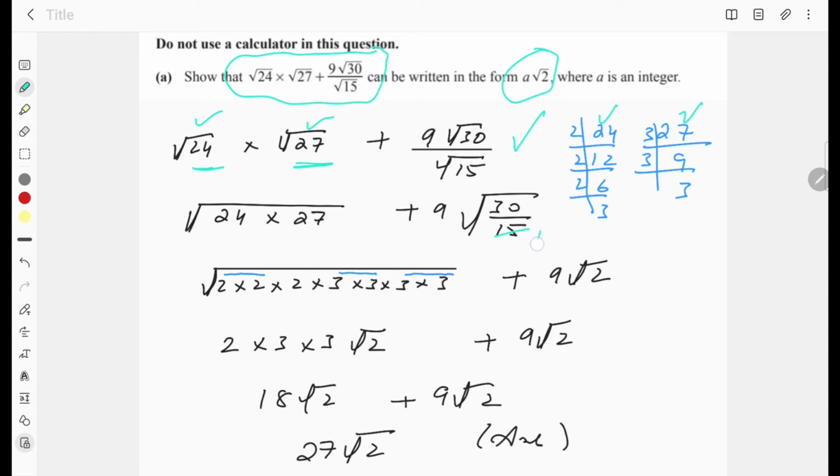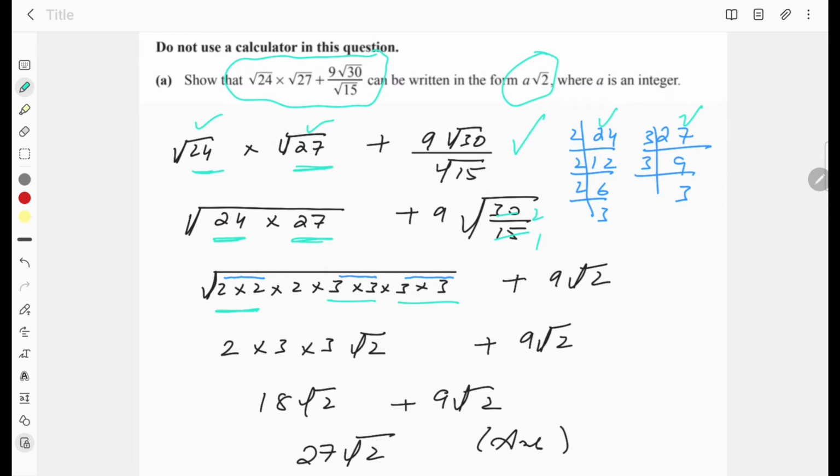Here 15 and 30 get simplified. 15 2 times is 30. And here I am writing the prime factors of 24 and 27. So then you have to search for the pair, because a pair will come out of this square root sign. Numbers appearing twice under the radical sign will come out of the radical sign.